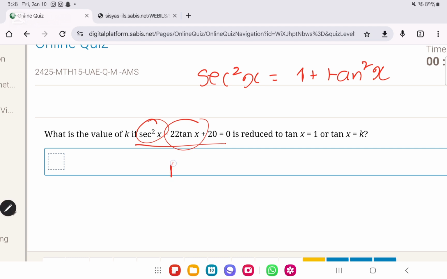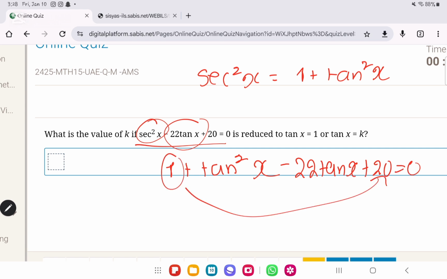So instead, we are going to substitute it by 1 plus tangent squared x, so 1 plus tangent squared x minus 22 tangent x plus 20 is equal to 0. Okay, then we are going to add this 1 to the 20 because they are both constants. So then it becomes tan squared x minus 22 tan x plus 21 is equal to 0.